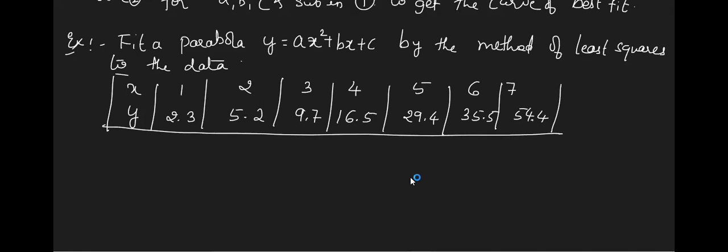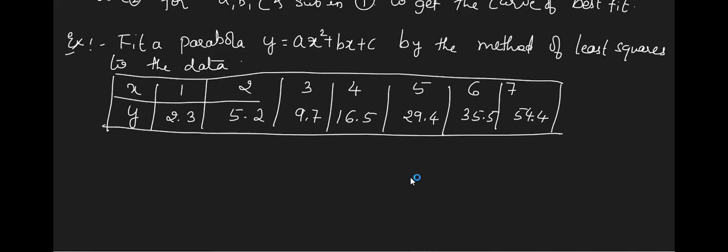They have given a table containing the values of x and y, and asked us to fit a parabola. The procedure is simple. Do not worry about the words method of least squares. How we write the normal equations, then substitute and so on, that whole method you can call least squares.